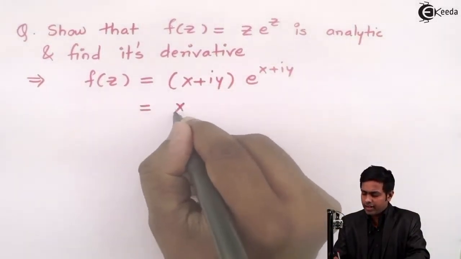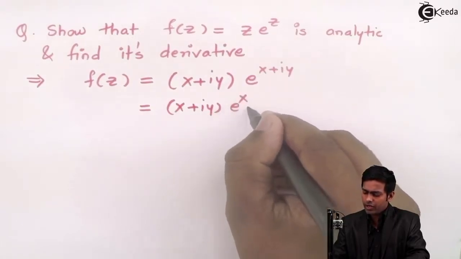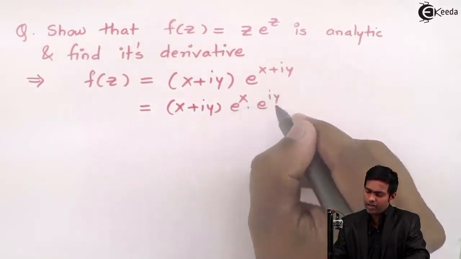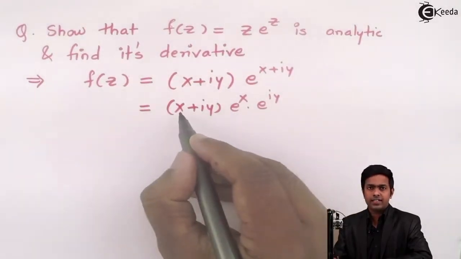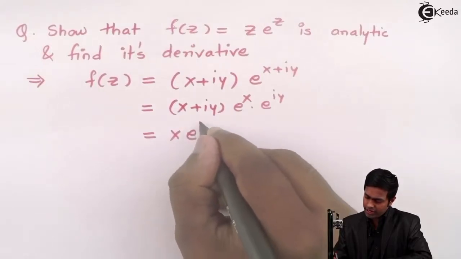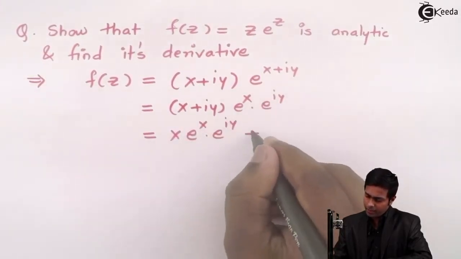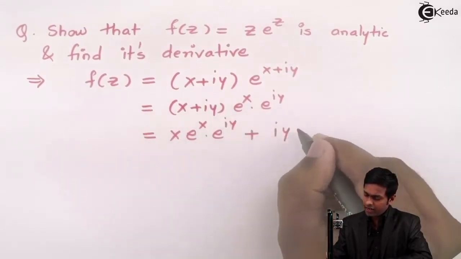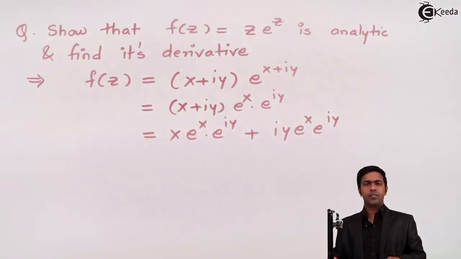Here we will get x plus iy times e raised to x into e raised to iy. Now by multiplying this with x, we will get x into e raised to x into e raised to iy, plus iy into e raised to x into e raised to iy.